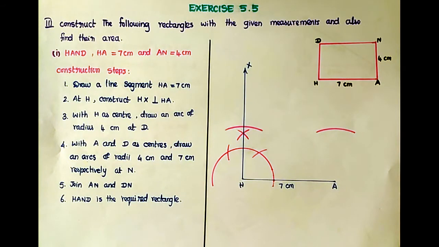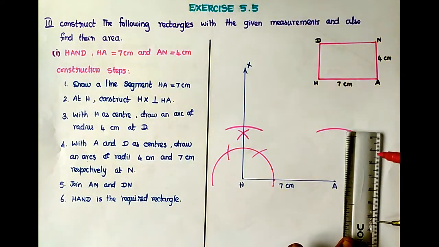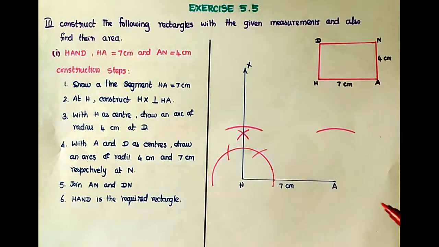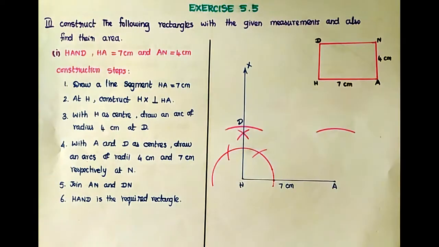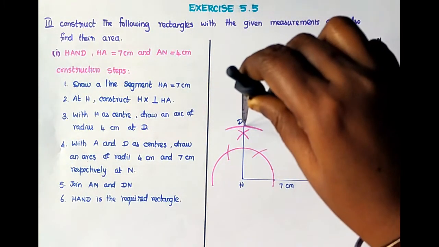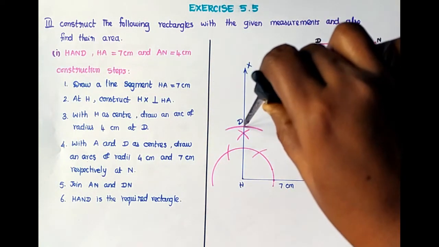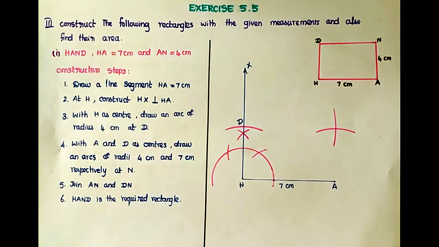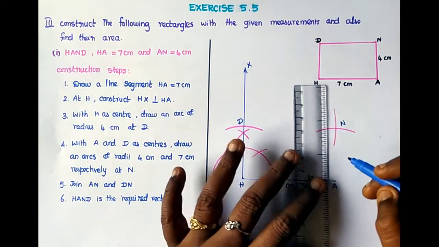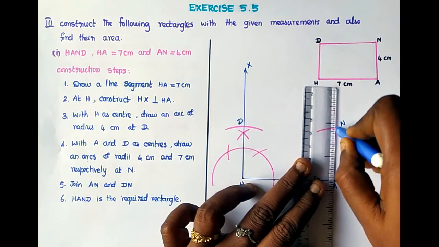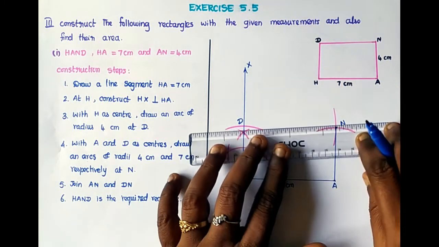Next one, take the measurement 7 centimeter, it is D. With D as center, take measurement 7 centimeter and draw another arc to cut the previous arc at N. Join AN and ND.